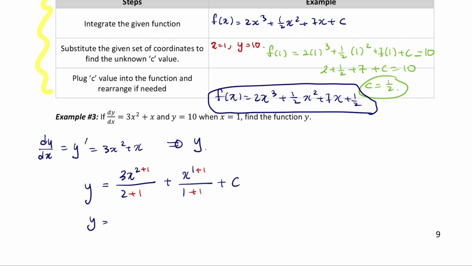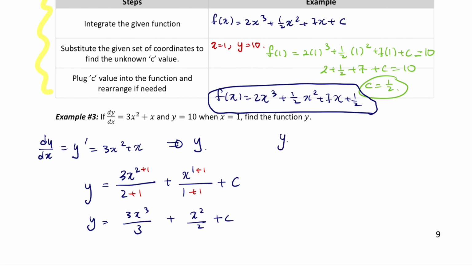So function y is the same as 3 times x to the power 3 over 3 plus x to the power 2 over 2 plus c. Let's just simplify that right away.